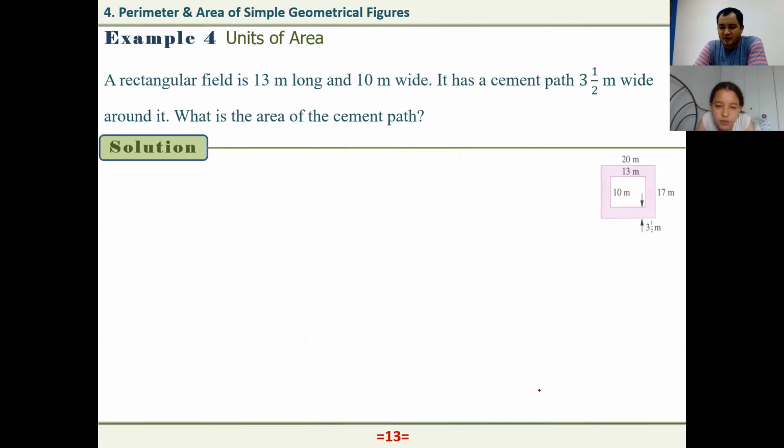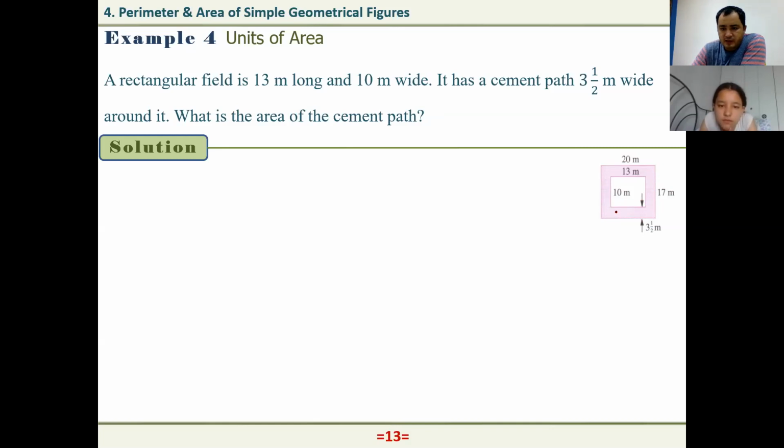If your sister is not crying anymore, you can read the problem. Okay, a rectangular field is 13 meters long and 10 meters wide. It has a cement path 3.5 meters wide around it. What is the area of the cement path? Okay, here we have a rectangular yard, maybe a flower yard in your house, and we made a path for walking around it.